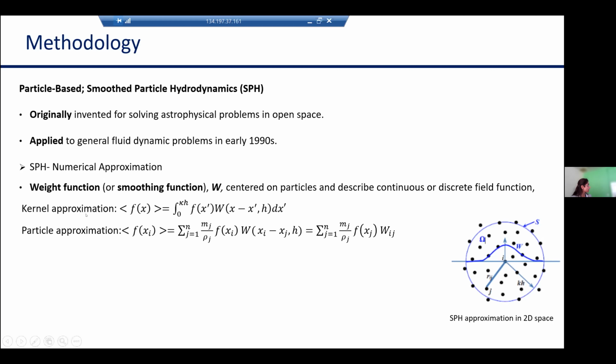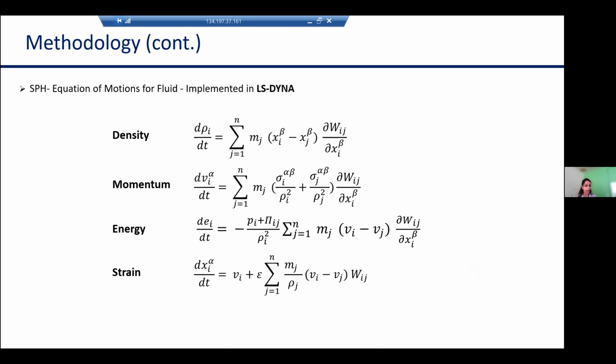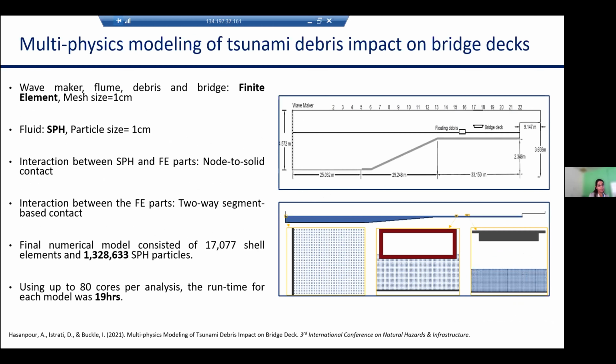The first one is kernel approximation, and the next step is the particle approximation. And here are the discretized forms of the equations of motion for the implemented method in LS-DYNA, including the density, momentum, energy, and strength.